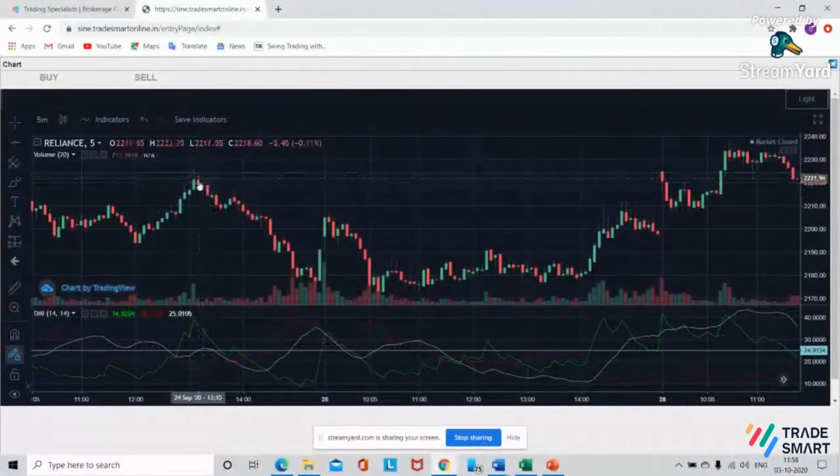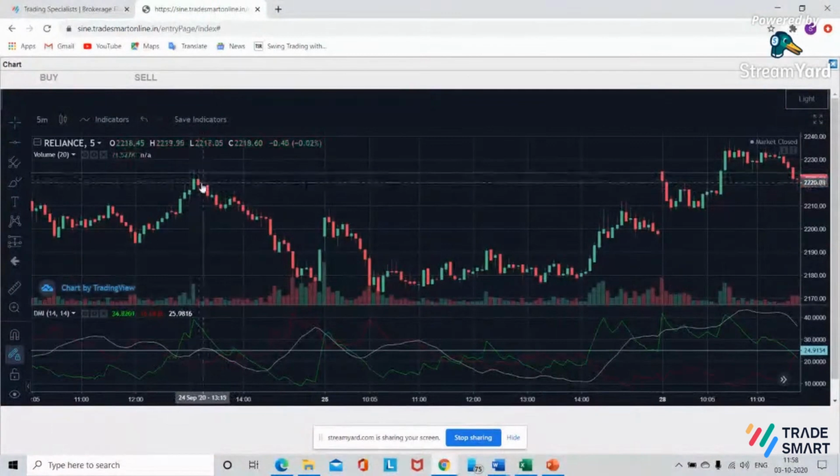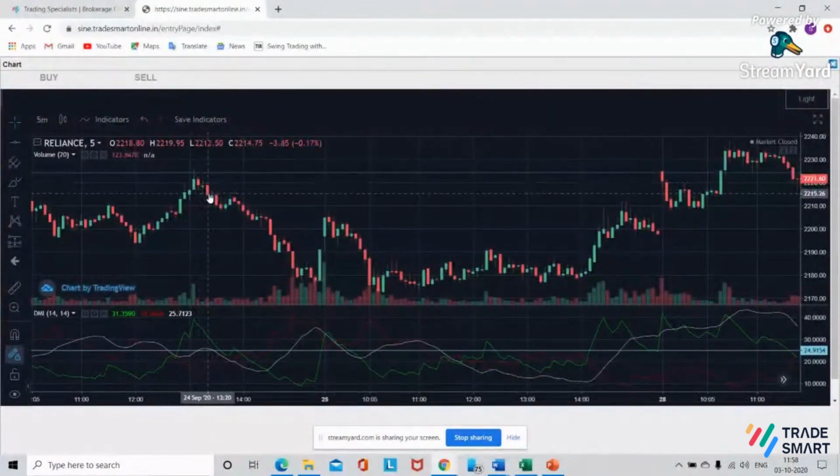this high of 2223 rupees, it made a little piercing candle, and the price was not supporting it, and started going in a downward direction. After this bearish engulfing pattern it made on the chart, the ADX line also went below 25.